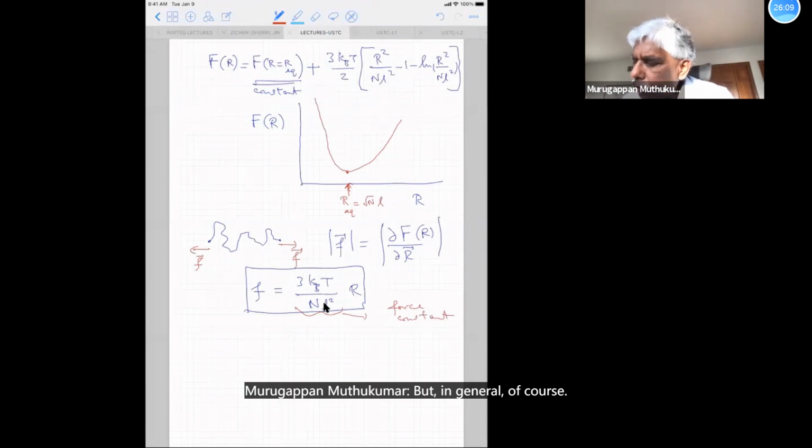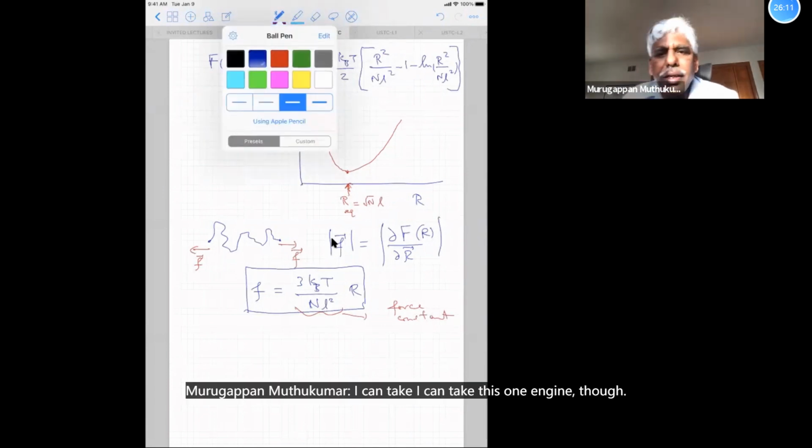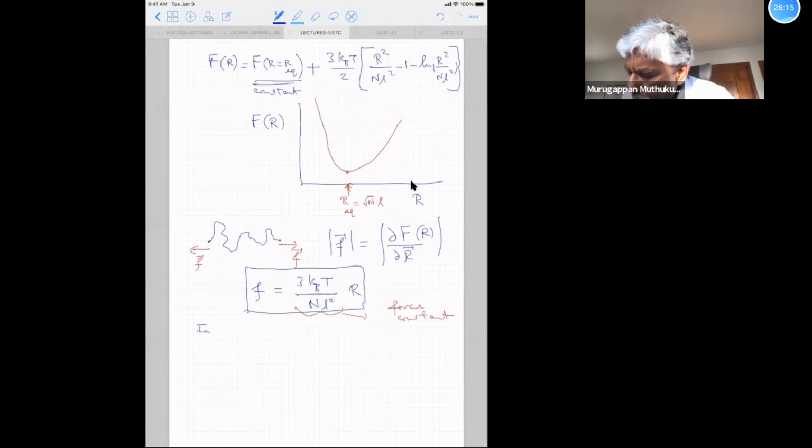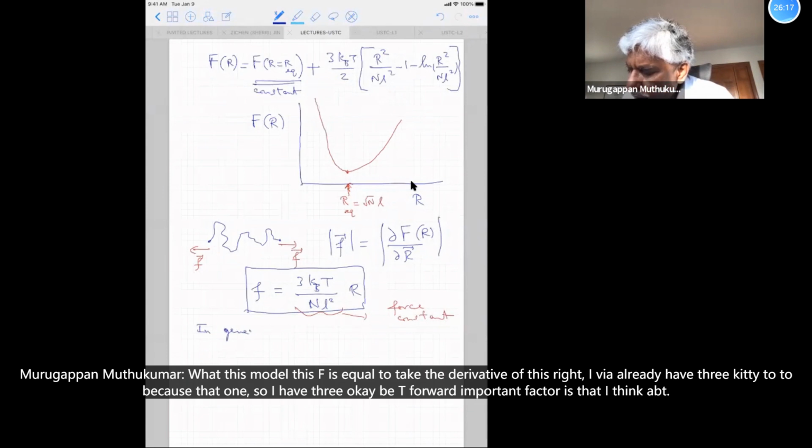But in general, of course, I can take this for this model. F is equal to the derivative of this. We already have 3 kBT by 2, and the 2 kills that one.